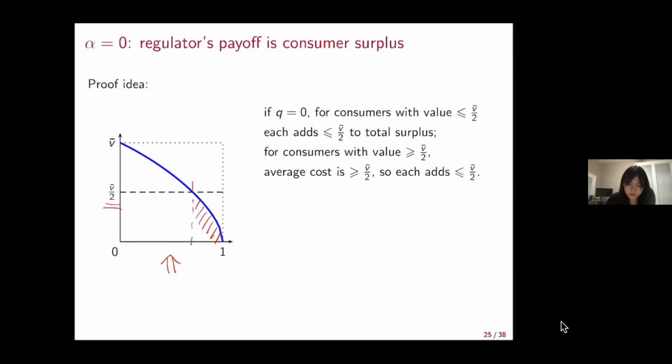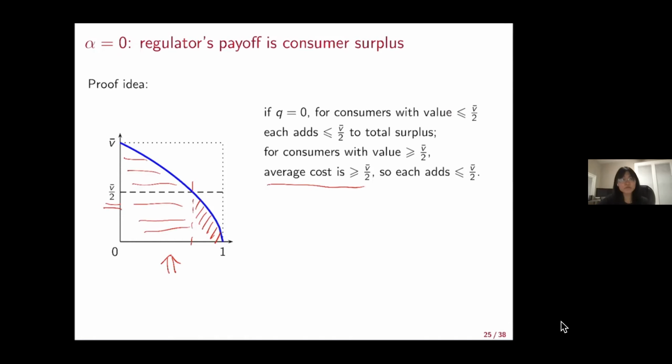Now let's look at the first area, right? So these are the consumers who value the product very highly, and potentially the regulator can lose a lot of total surplus. On the other hand, the firm chooses not to produce under the price cap half V bar. So there is only one reason for that. The reason is that the average cost of serving these consumers must be higher than half V bar, right?